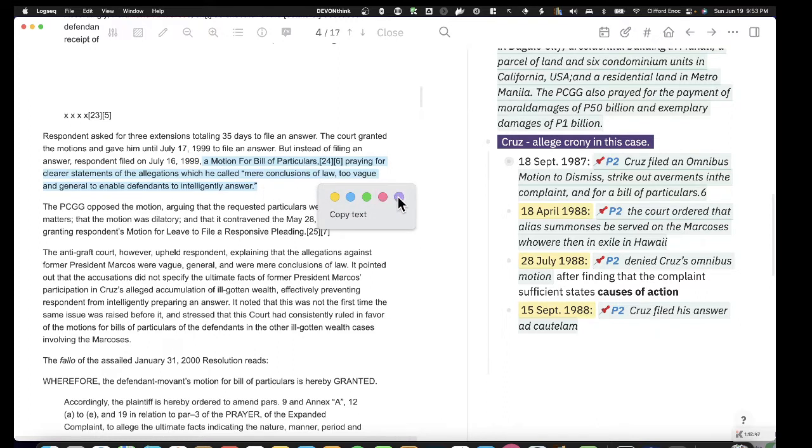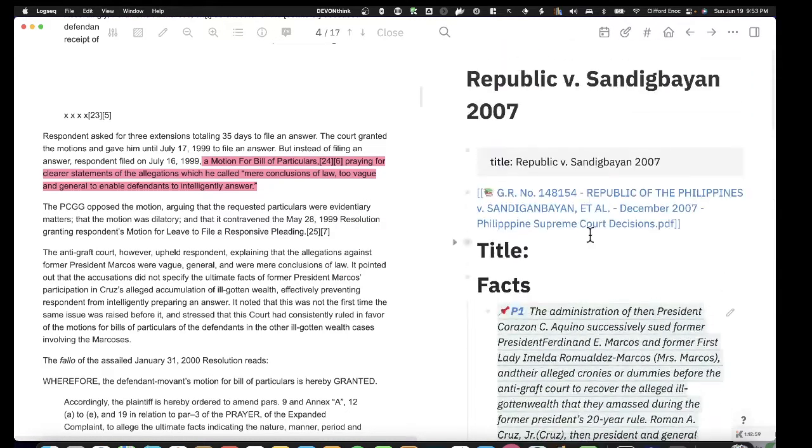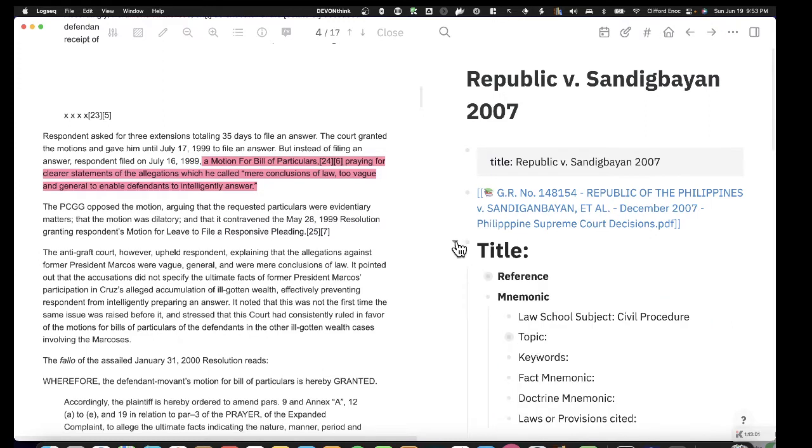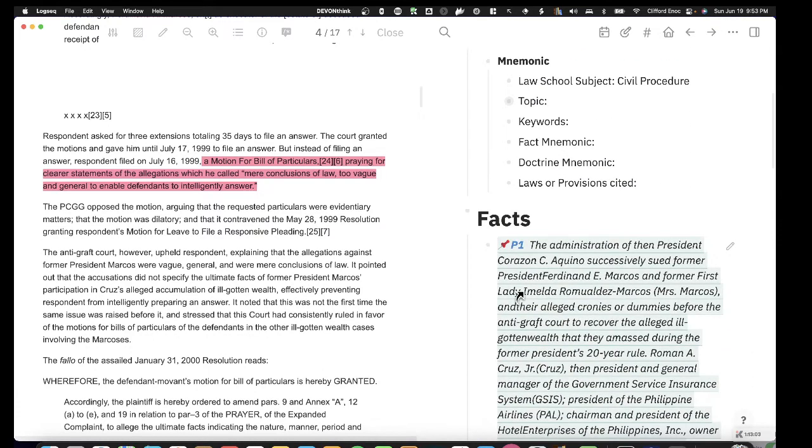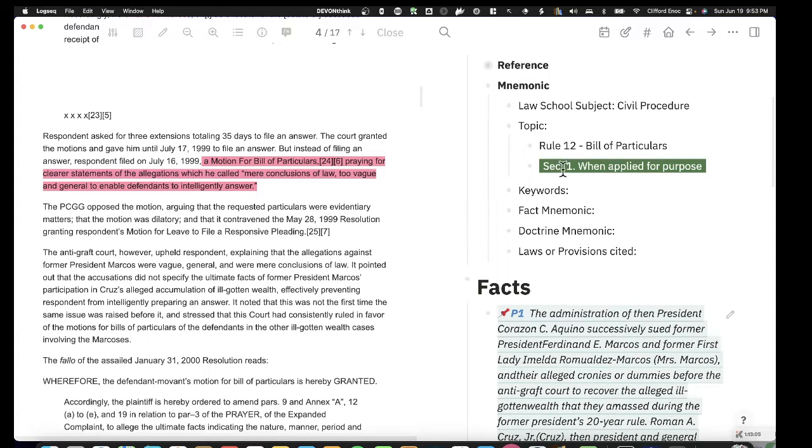So, file siya because tawag doon, clear statement of allegations. May conclusions of law, like that. And let's go back to, ano ba yung topic dito? When applied for purpose. Yeah, ito.